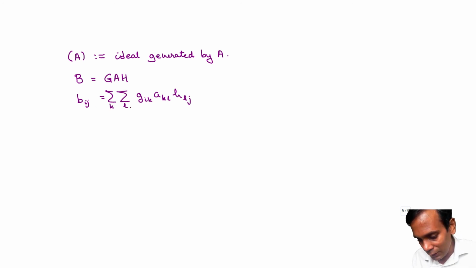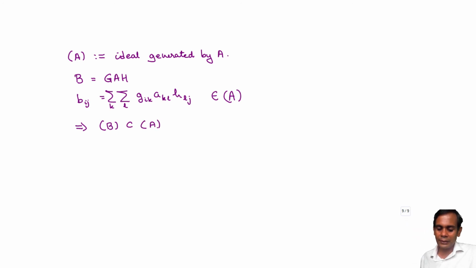So the entries of B are of this form, which means that certainly all the entries of B belong to the ideal generated by the entries of A, which implies that the ideal generated by the entries of B is contained in the ideal generated by the entries of A.